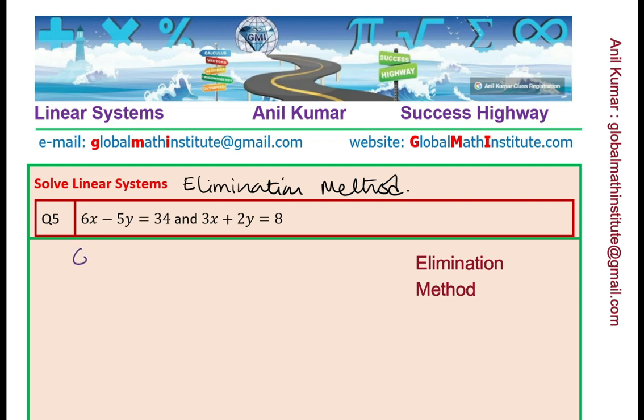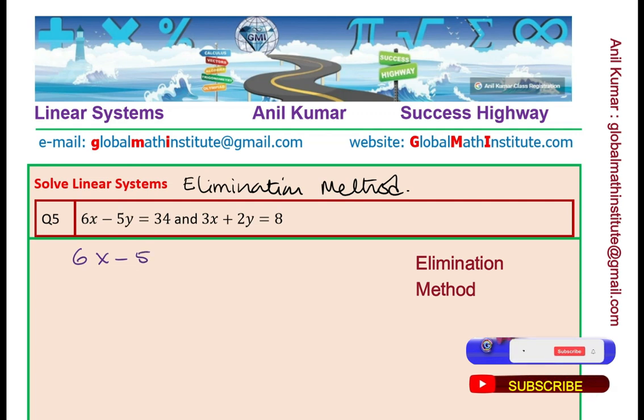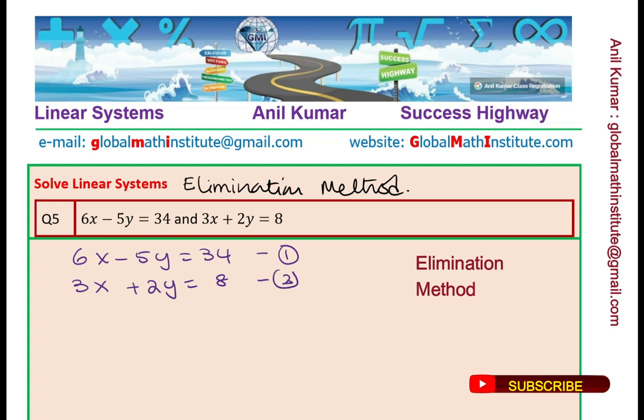Let's rewrite the equations. 6x minus 5y equals 34 is our equation number 1. And 3x plus 2y equals 8 is our equation number 2. So now what we will do is we'll multiply the second equation by 2, both sides. You get the idea?